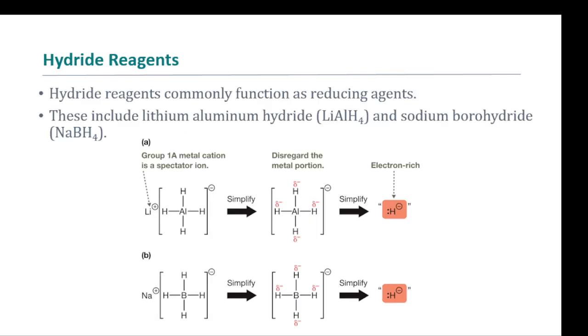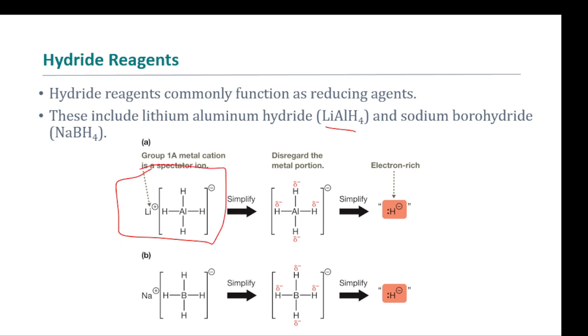So these are hydride reagents. They are not organometallic because they don't have carbon attached to them. But what they are is they're going to commonly function as reducing agents. They're going to include things like lithium aluminum hydride, LiAlH4. That's just how it actually looks. It is an ionic compound, actually.